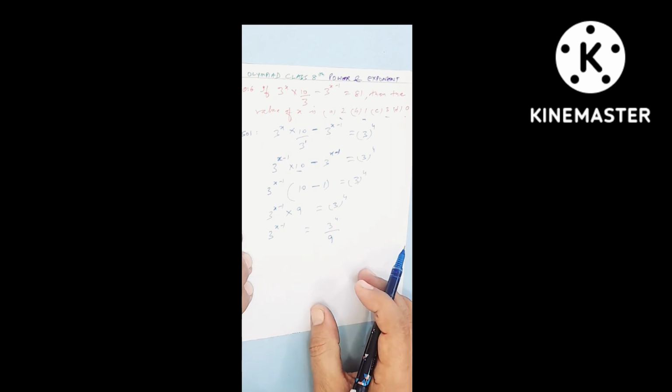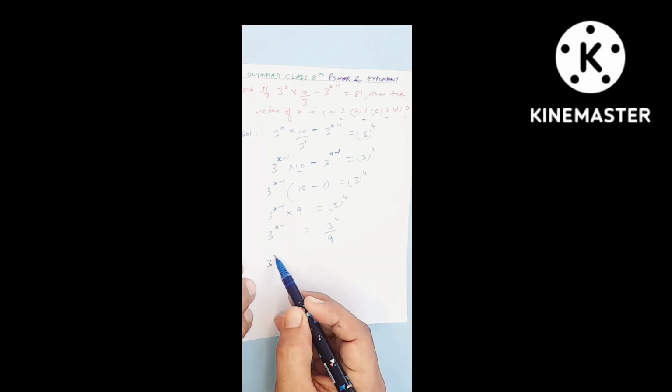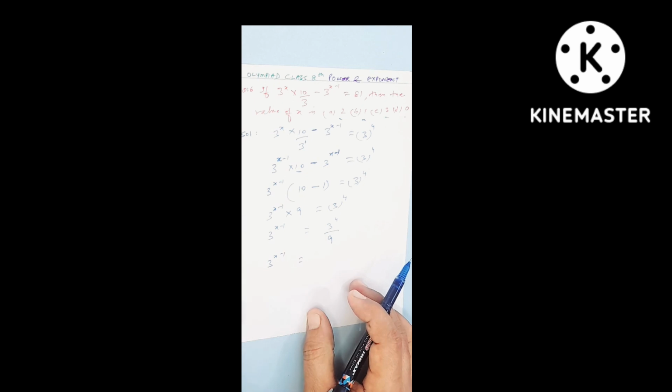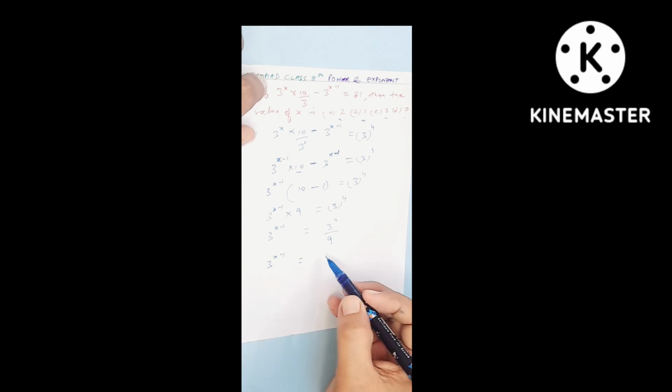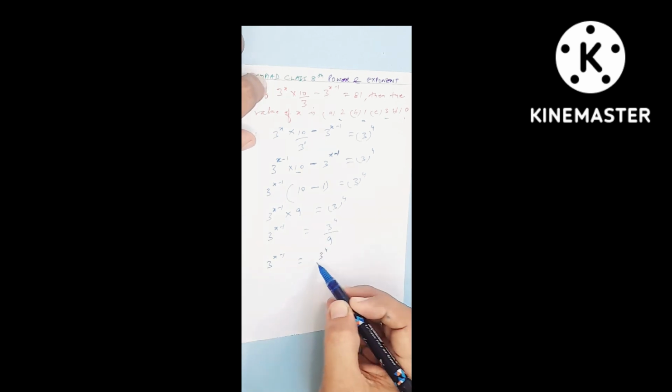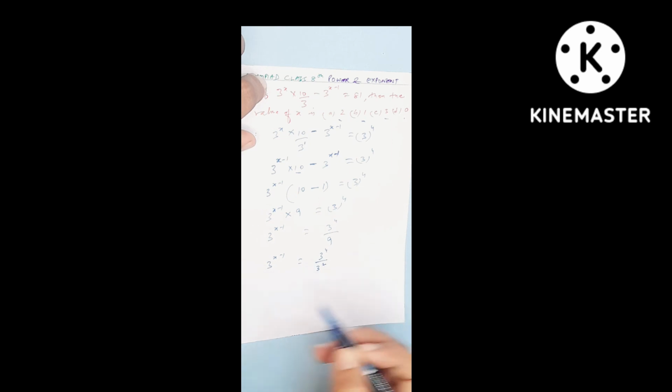How can I write 9? I can write 9 as 3 raised to the power 2.